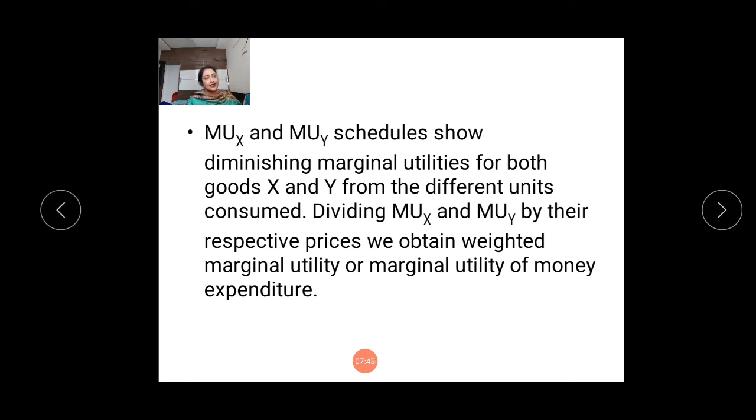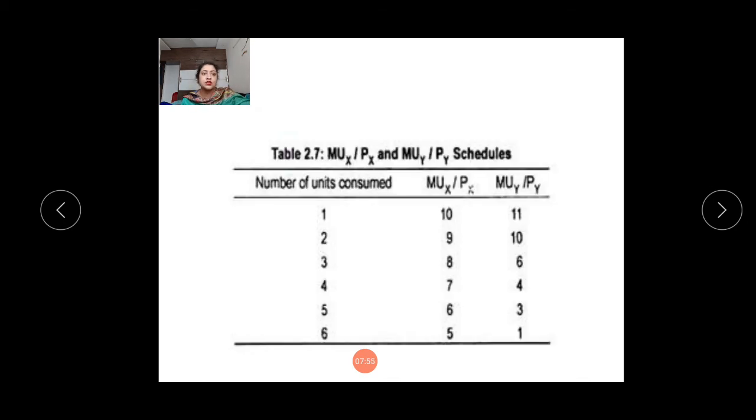Dividing MUx and MUy by their respective prices, we obtain weighted marginal utility or marginal utility of money expenditure. So we have divided this, and what did we see? That for the first unit of X consumed, marginal utility corrected for price or weighted for price is 10, and for the second unit of Y is also 10.